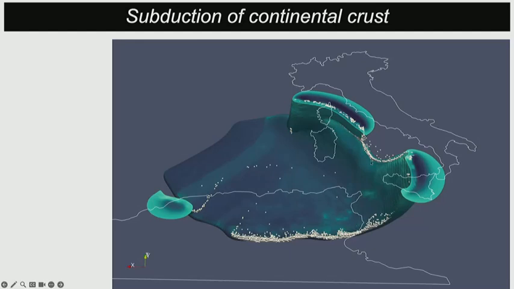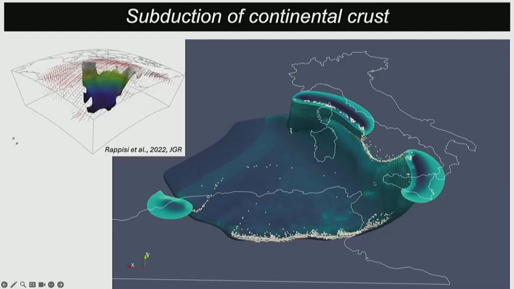The same occurred here, where a little bit of the Tyrrhenian passive margin has subducted. And of course, if this material starts to melt, we will get, let's say, a particular composition of the erupted magmatic products. And I just want to say that this window is basically what we also see with the P-wave tomography.